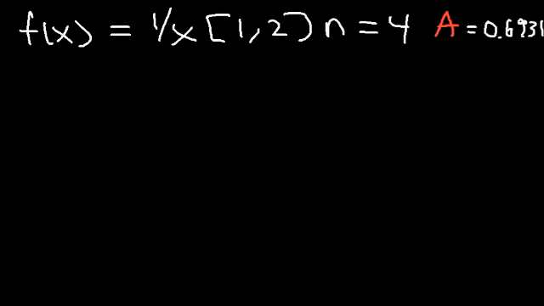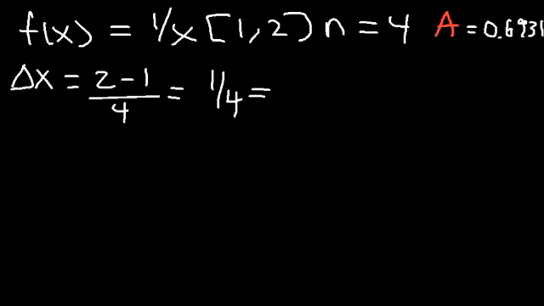Now let's start with the left endpoint. Let's calculate delta x, which is b minus a divided by n, or 2 minus 1 divided by 4. So 2 minus 1 is 1, so this is 1/4, which is 0.25.